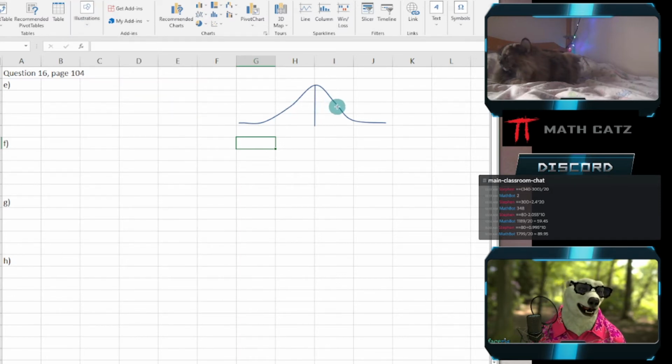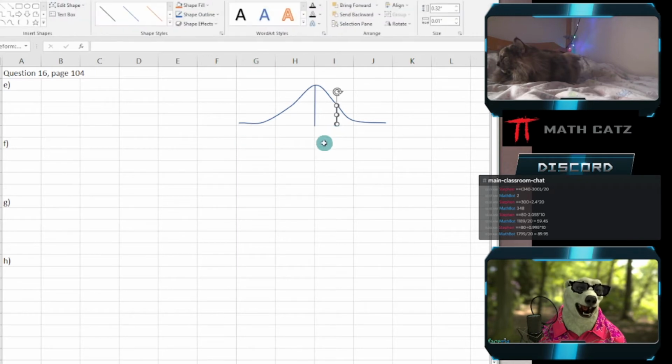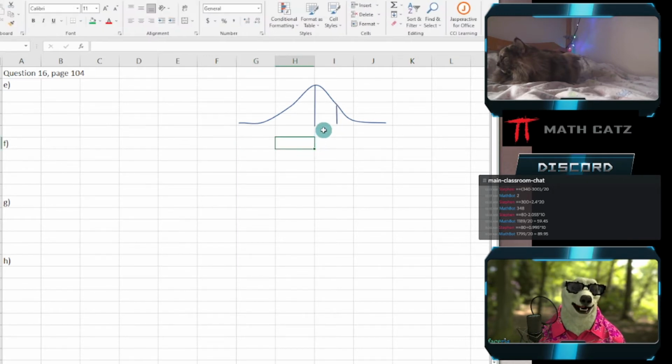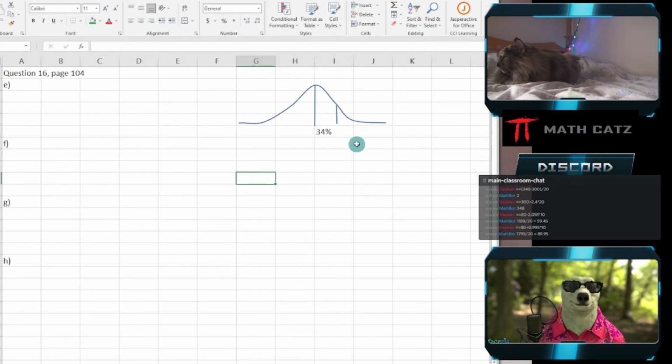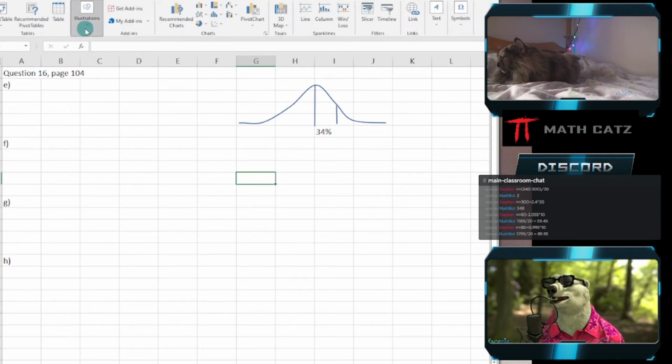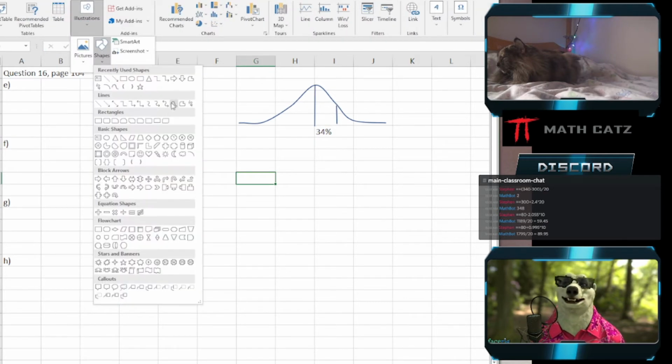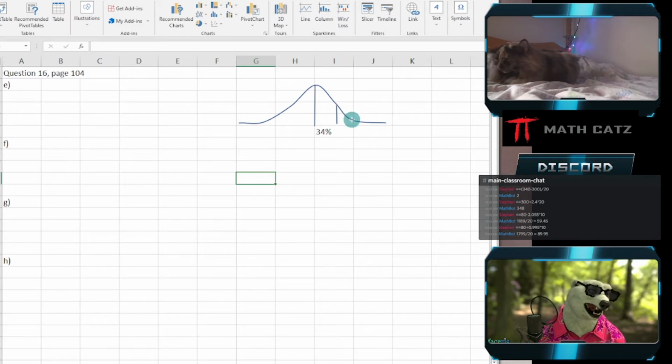Let's go to the right side maybe. There's a line there. And this will be where the 34% sit. And then maybe another little line, very rough. Of course, doing this by hand would be arguably much easier.